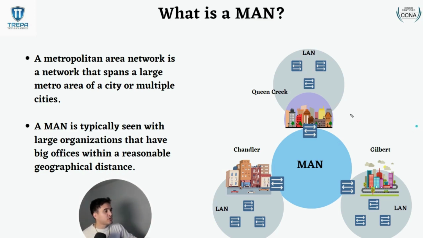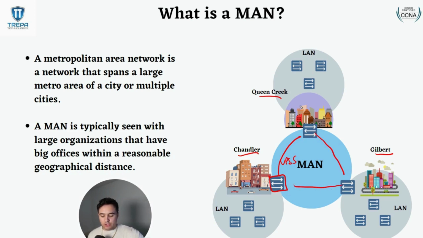So what we could have here is, I'm from Phoenix, so I use cities in Phoenix, we could have our organization here, Queen Creek, Chandler, and Gilbert, all in the East Valley of Phoenix. This office could have this multi-layer switch here that has like a VPLS connection, like a layer 2 connection over here and over here, using the transparent fiber underneath the ground, right?